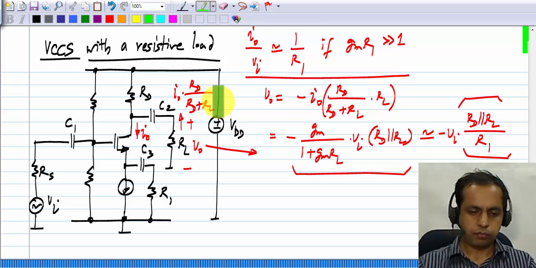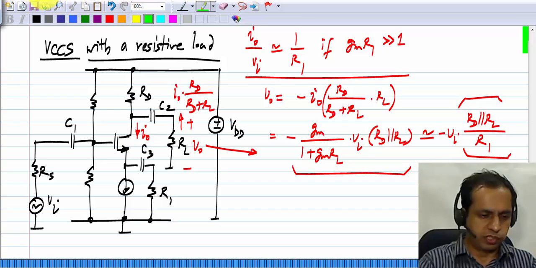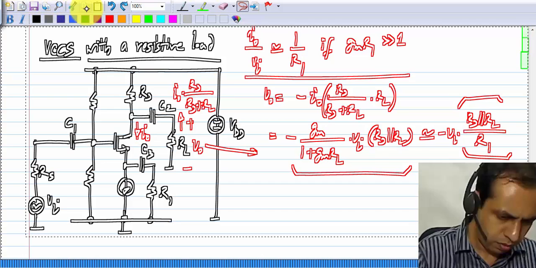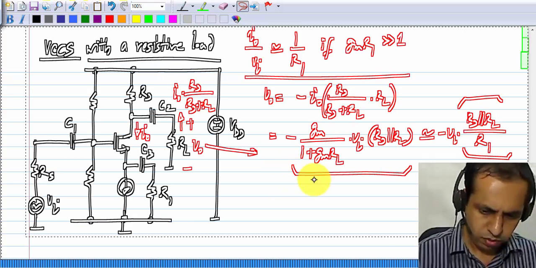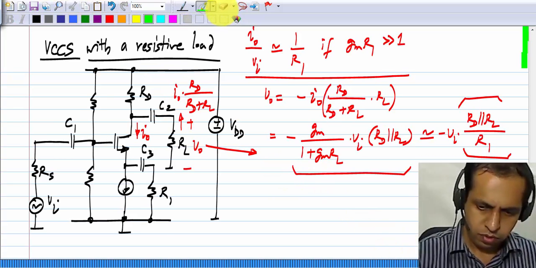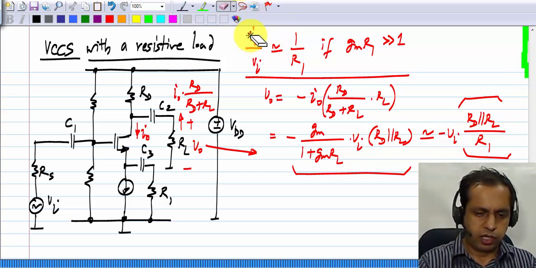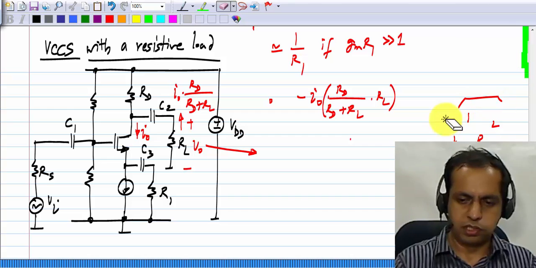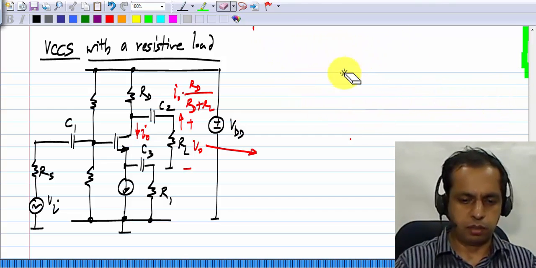Okay, now this circuit you see is very similar to, let me copy this over. I have copied over the same circuit, and what I want to highlight here is the similarity to a common source amplifier with source feedback biasing.